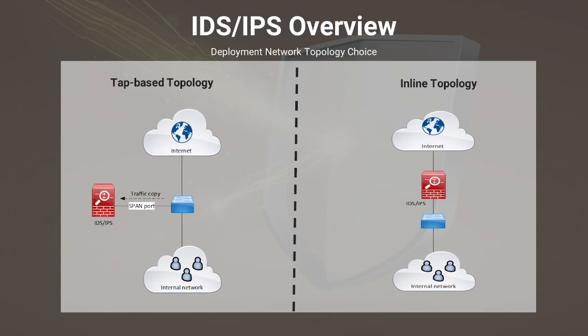What are the advantages of the tap-based topology? Well, first, this device is not inline on the network traffic. There is no need for redundancy unless you need, of course, constant non-stop IDS coverage. Because if this box dies, nothing will happen. Traffic will continue to flow, but you will, of course, not be able to detect anything.